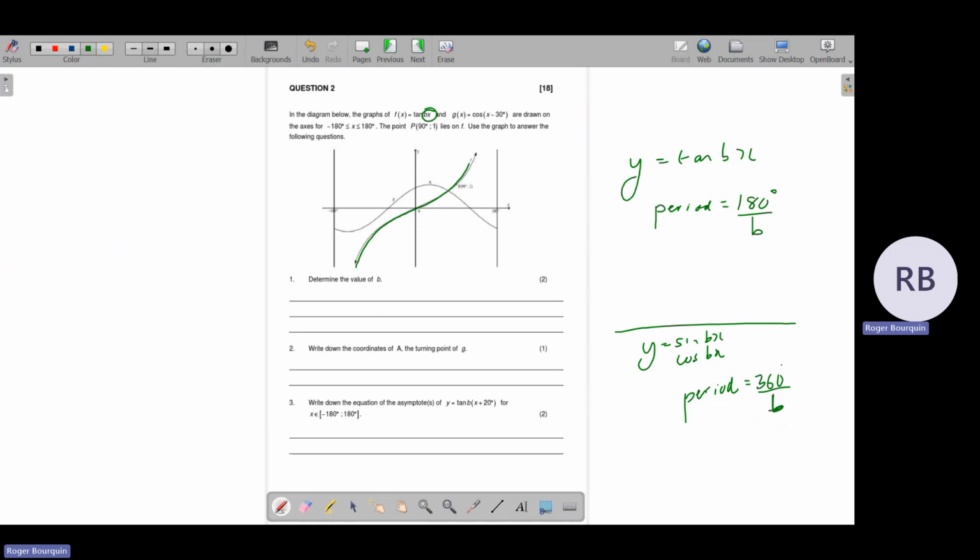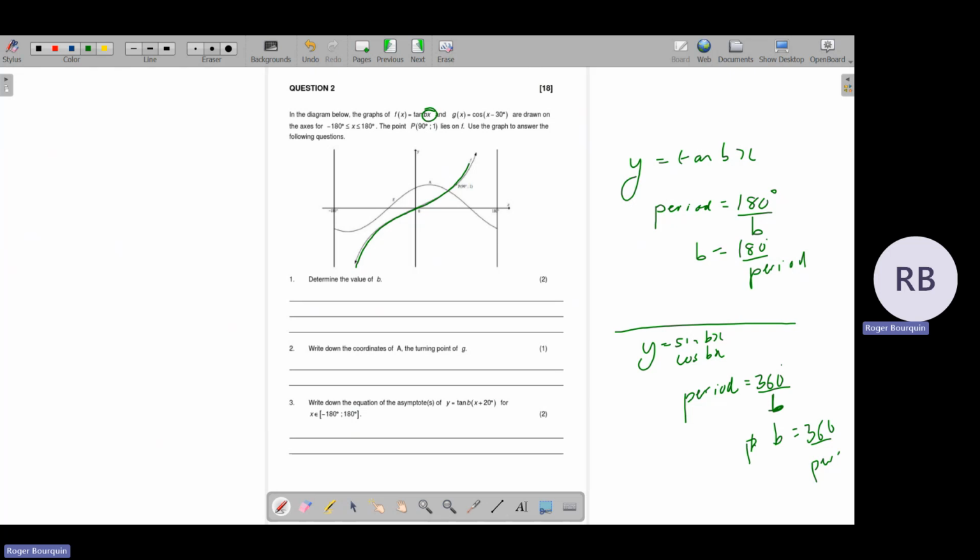That's for a sine and cos graph. So if I have this, if period is 180 divided by b, and I manipulate that equation, I get b is equal to 180 divided by the period of the graph. And here you get b is equal to 360 divided by the period of the graph, right?